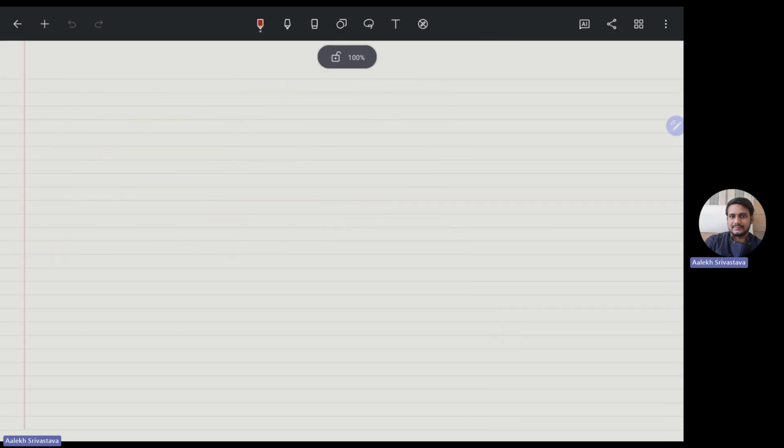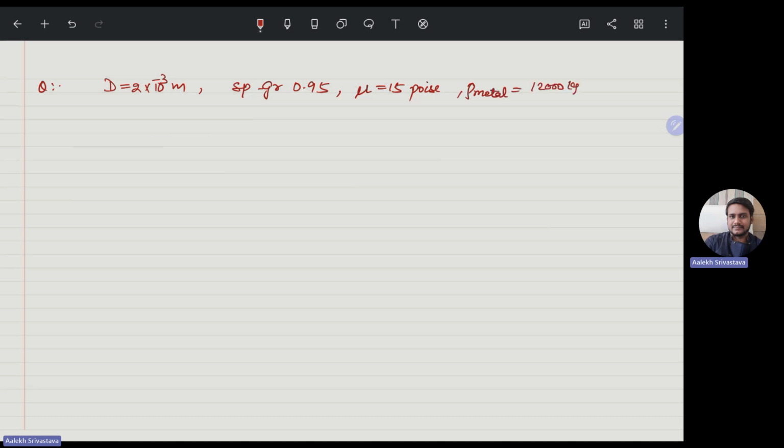Suppose we solve one question. It says you have a metal ball dropped, of size 10 raised to power minus meter, in a fluid of specific gravity 0.95, viscosity 15 poise, and density of the metal is 12,000 kg per meter cube.